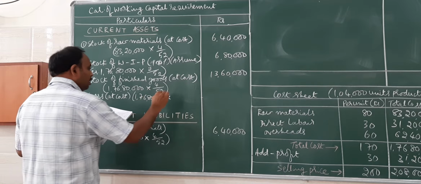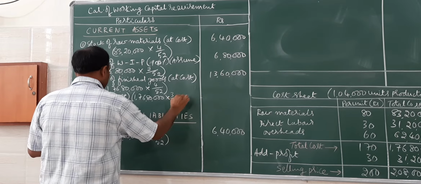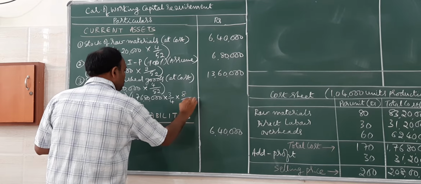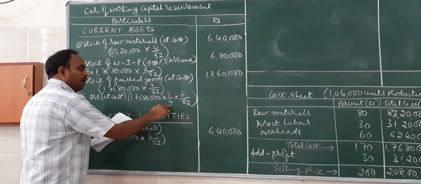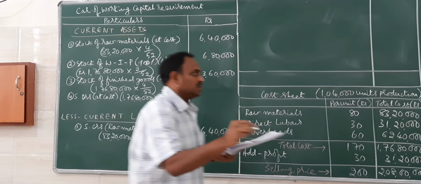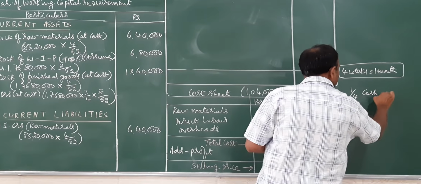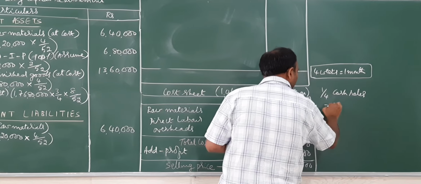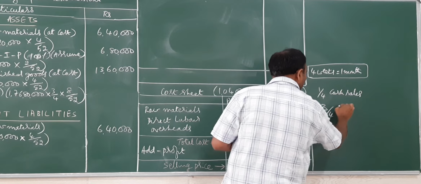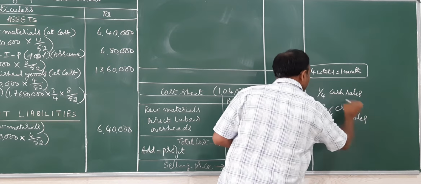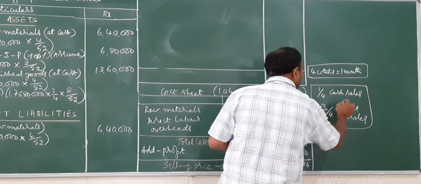In that 3/4 is credit sales. It is given as 2 months, so 8 weeks. 1/4 is cash sales. They have given in the problem 1/4 cash sales. So therefore 3/4 is credit sales. So this is the one we have to understand.